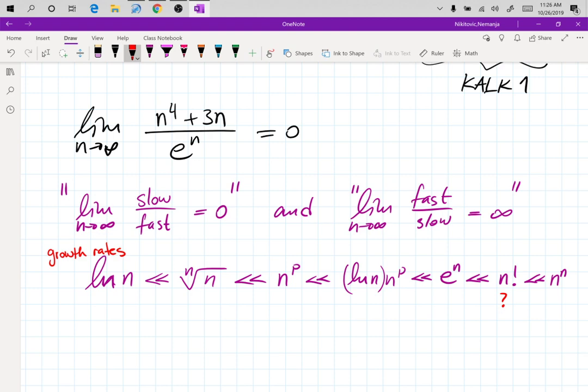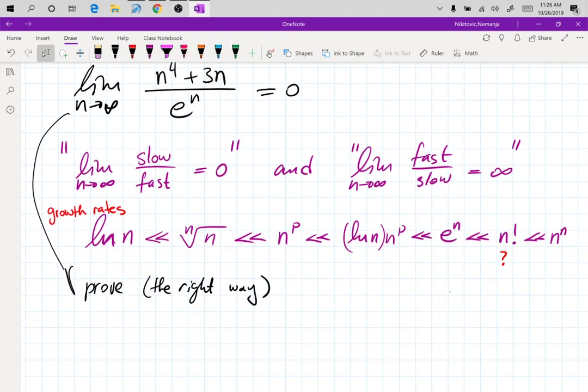Now, if you are to prove this limit and do it the right way, you would use what we know as L'Hopital's rule. So the limit as n goes to infinity of n to the fourth plus 3n divided by, I'm going to regret this, e to the n.